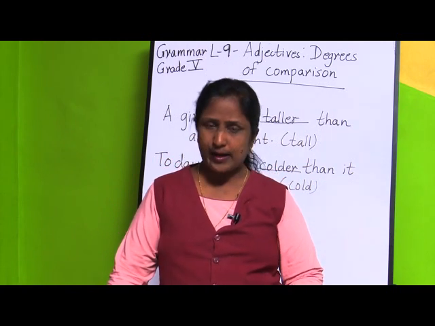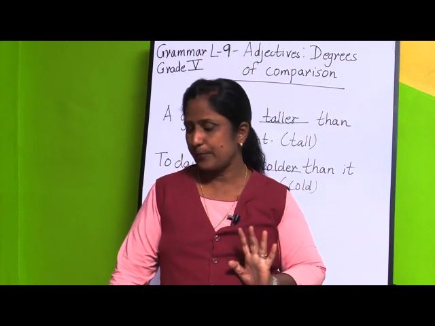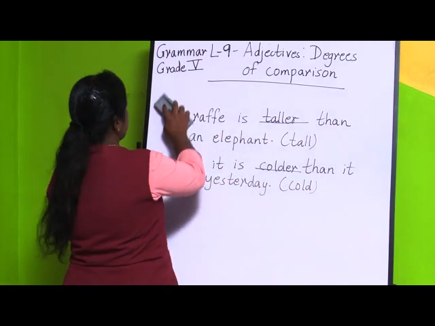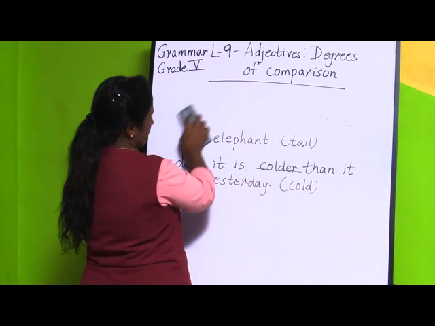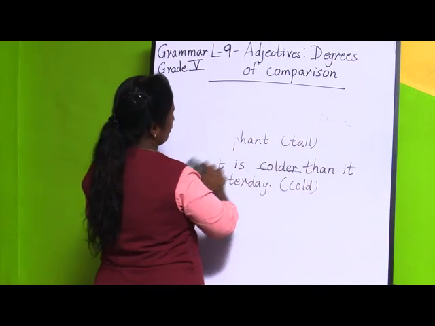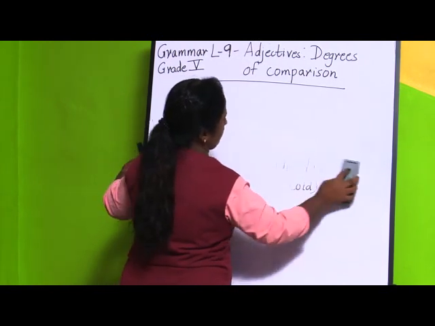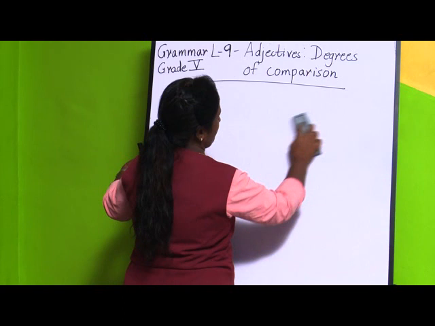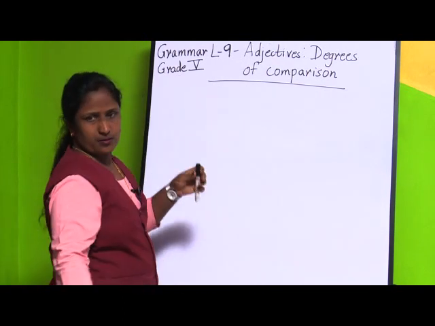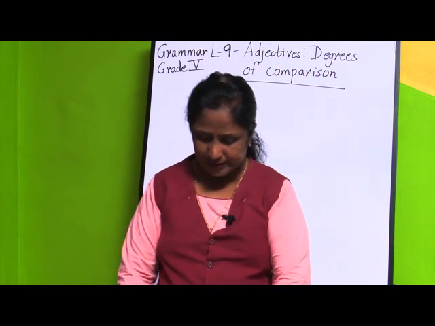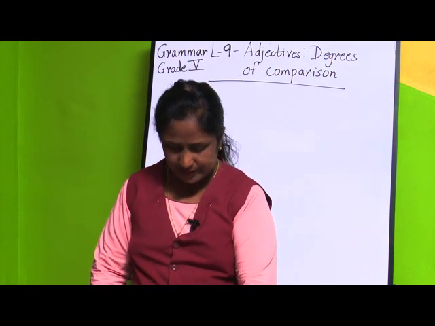You are going to add er for comparative degree and est for superlative. I will write the rules in short, or cases we can say. So er for comparative and est for superlative degree.